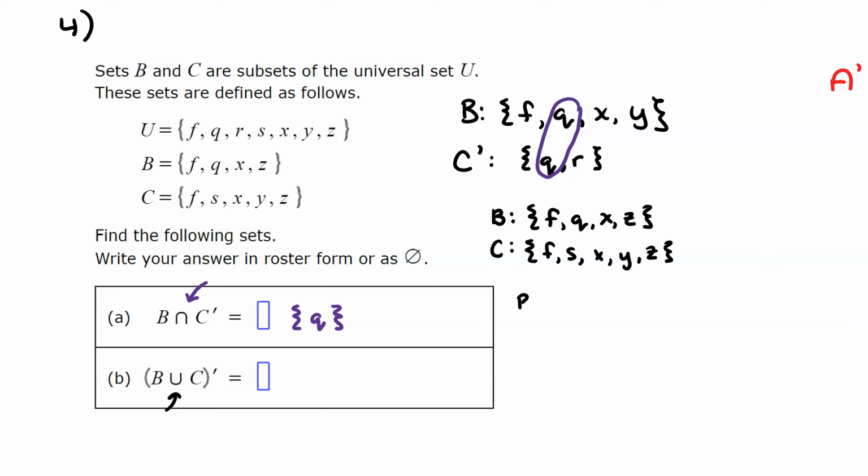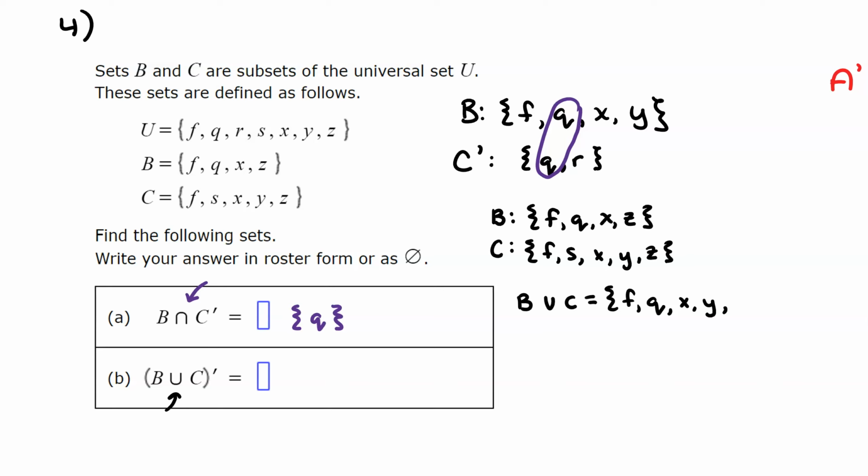So the union, B union C, is going to be everything, but you're not going to write letters twice. I'm going to write all the letters from B first: F, Q, X, Y. And then I'm going to write all the letters from C next, but I'm not going to write letters that I've already written.